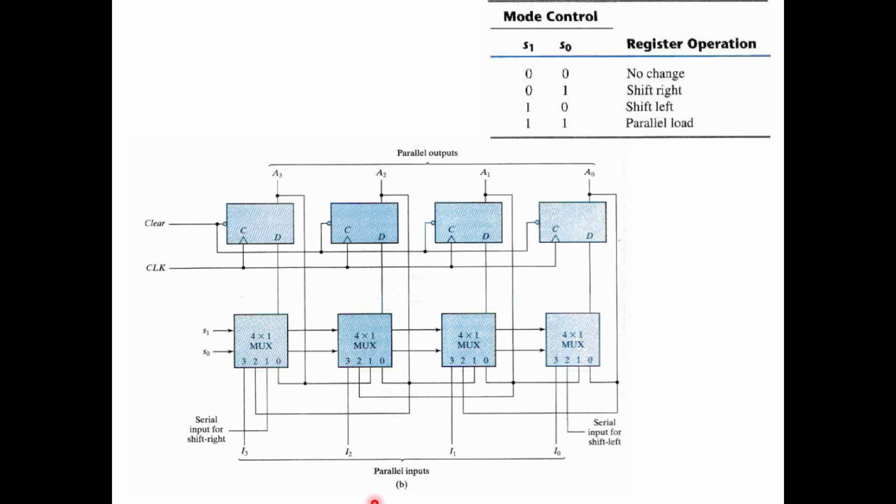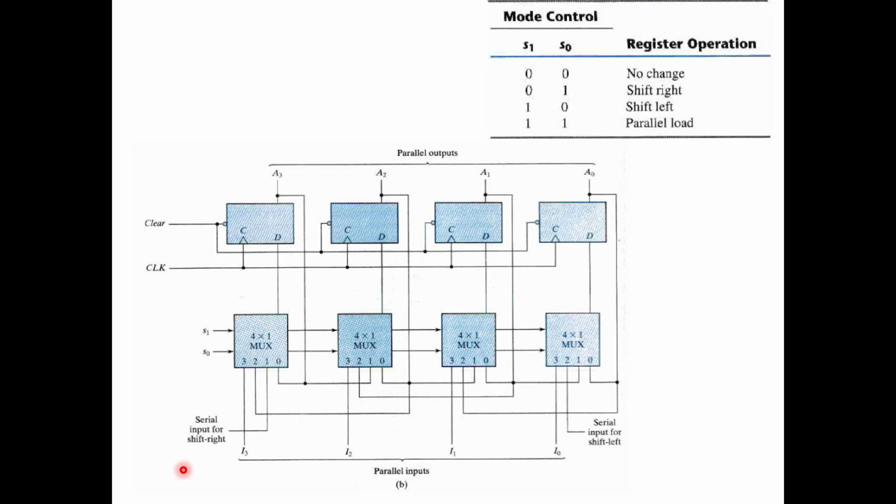Again it is fed back to one input of the third multiplexer, and it goes on. So when you make 0 1, your data travels from the serial input along this path. That means your data is shifting towards the right side.